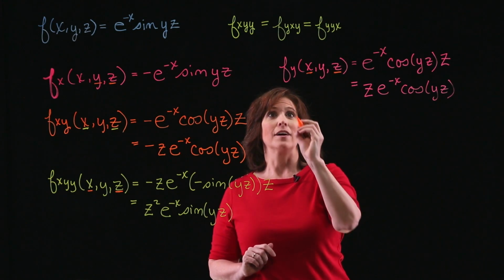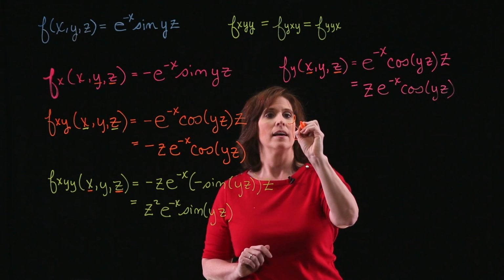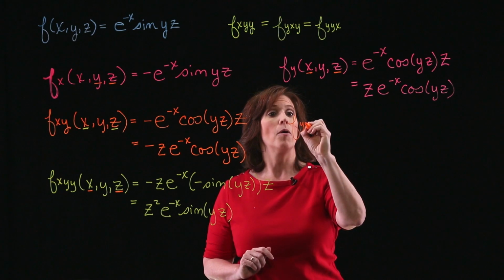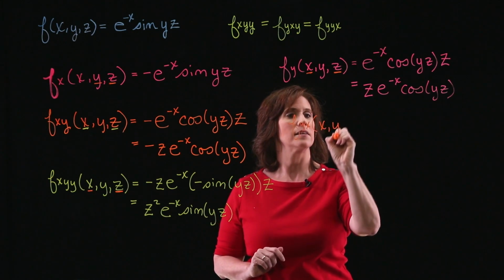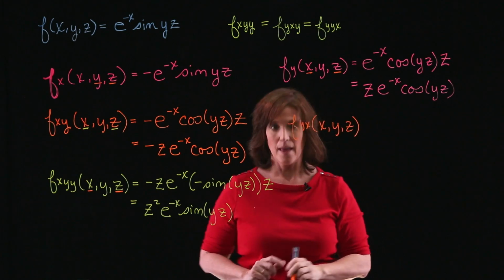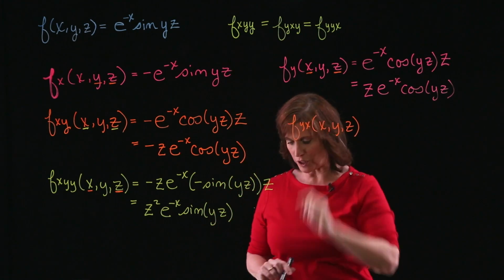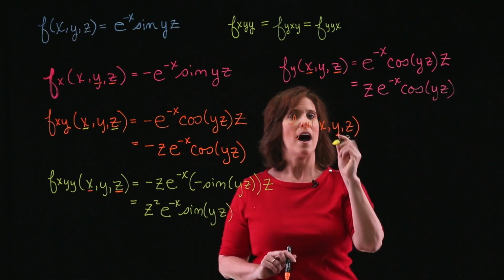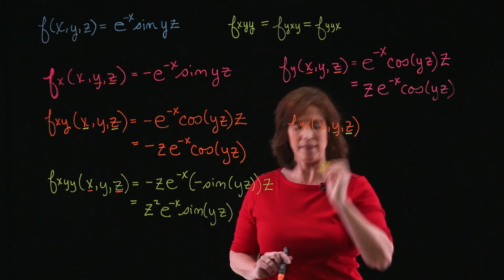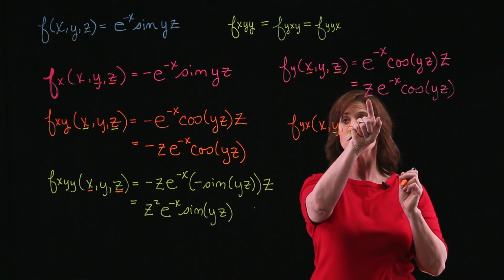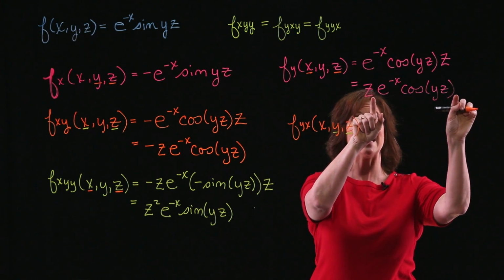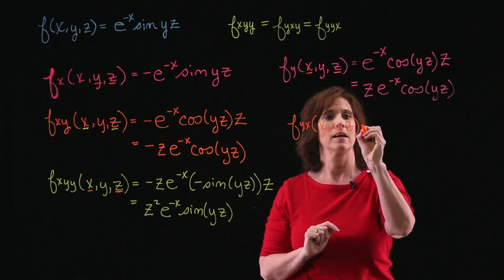The next piece I'll look at is the partial fyx of x, y, z. And when I do this, because I'm differentiating with respect to x, I want to treat the y and the z as if they're constants. All right, so here's the partial with respect to y, so I need to differentiate this thing with respect to x.